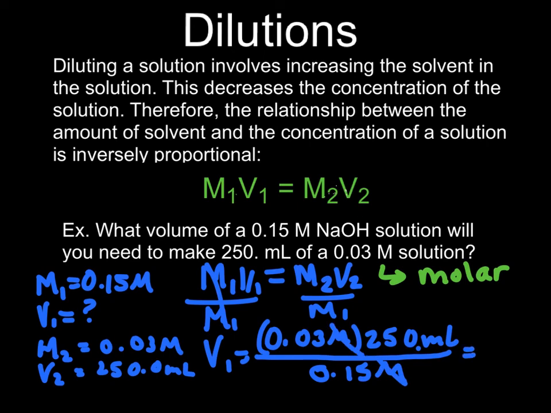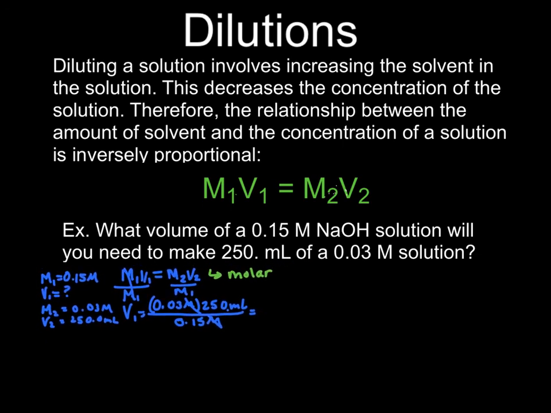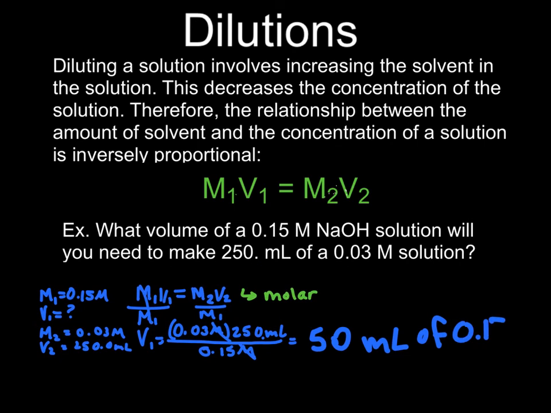You're left with milliliters, which is awesome. Sorry about the molar moving. When we run this calculation through the calculator, we get a volume of 50 milliliters. And we can only keep one sig fig because of the 0.03 molar, so we just write 50 milliliters of 0.15 molar sodium hydroxide will be required.